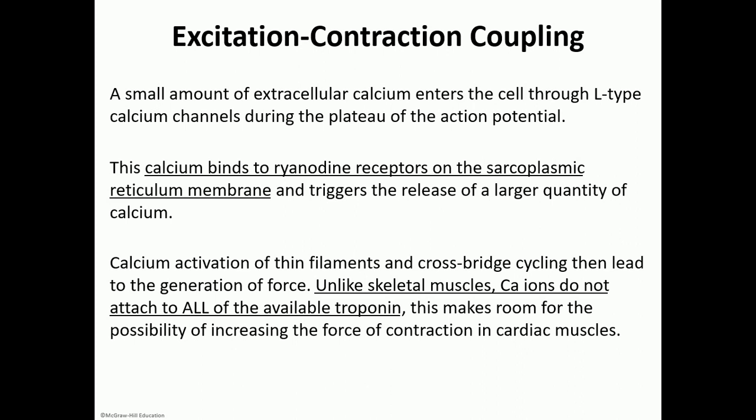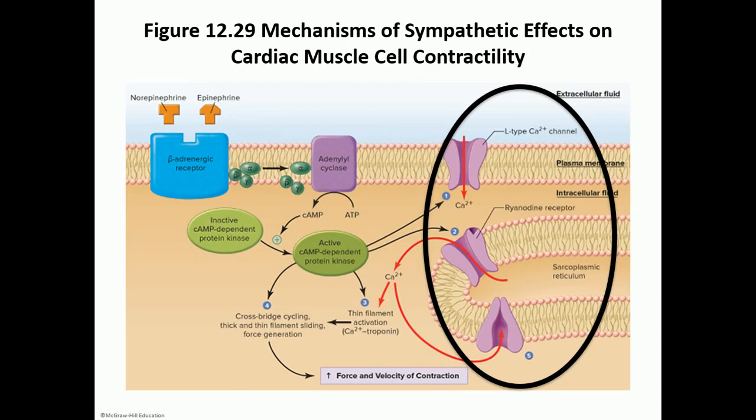muscle fibers. So if you look here at this diagram, that by now I'm sure gives us all nightmares, including myself, what happens is that on our cardiac muscle fibers, we have these beta adrenergic receptors. Beta adrenergic receptors are going to be stimulated by either norepinephrine or epinephrine. That is going to lead to the activation of the adenylyl cyclase enzyme, increasing cyclic AMP inside of our cardiac muscle cells.